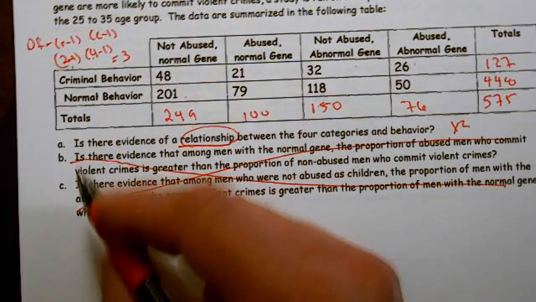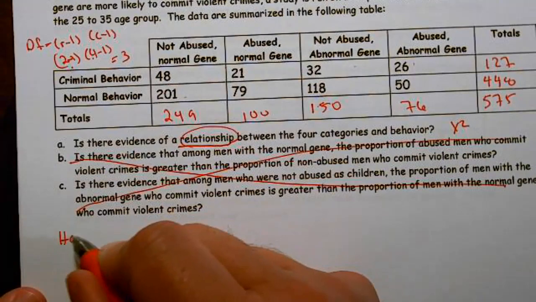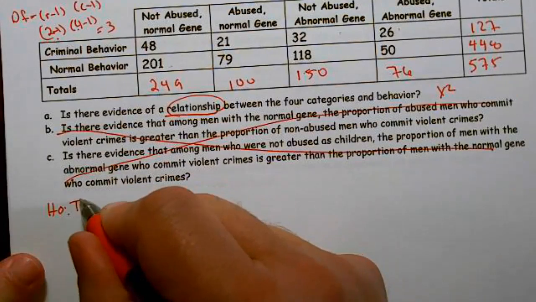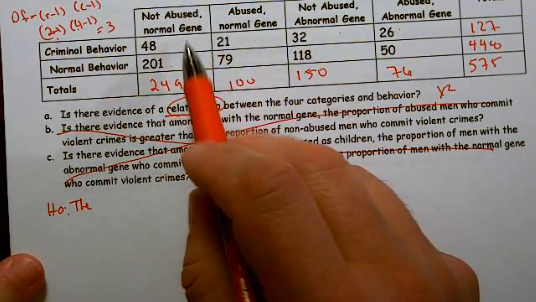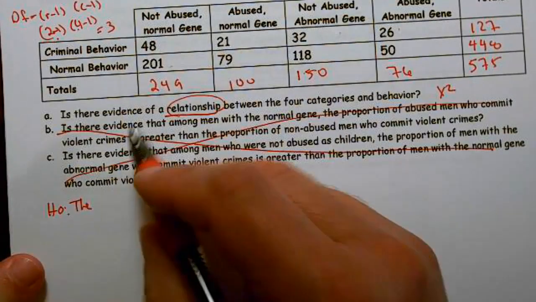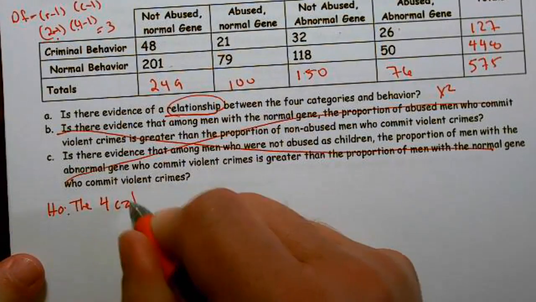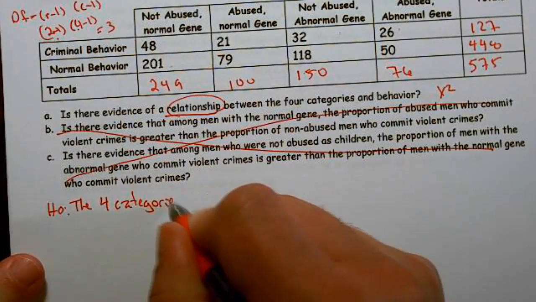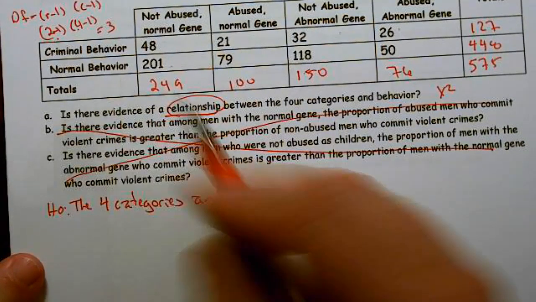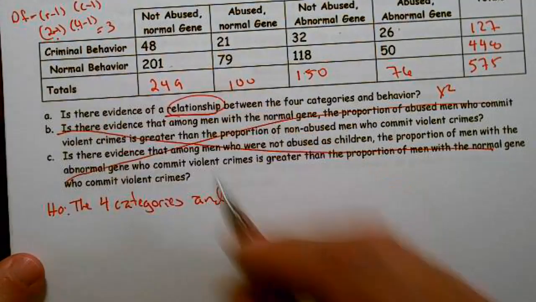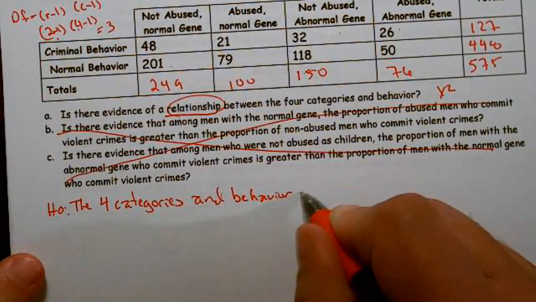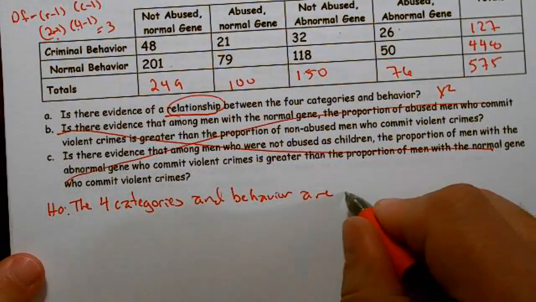All right. So my null hypothesis is: I don't even know what to call this because we have not abused, normal gene, and so on, so I'm going to call these the four categories. The four categories and behavior, normal and criminal, are independent.